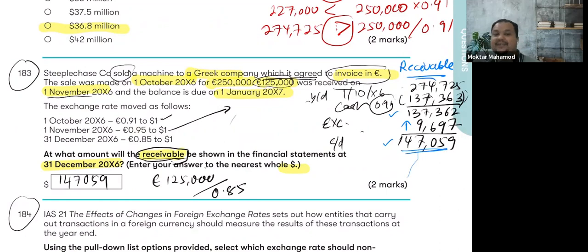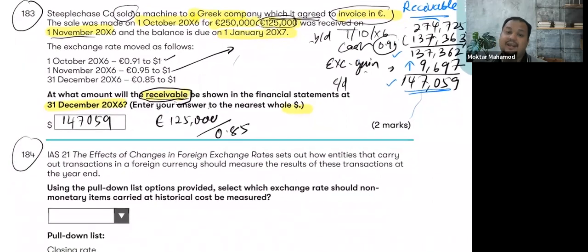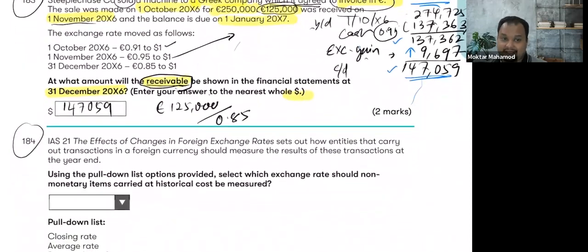An increase in receivable will be an exchange gain, profit or loss. If it is a payable account, the same amount, then it will be an exchange loss. That is important. But we have answered this question. We have met our objective. It's just that, better we discuss everything directly.